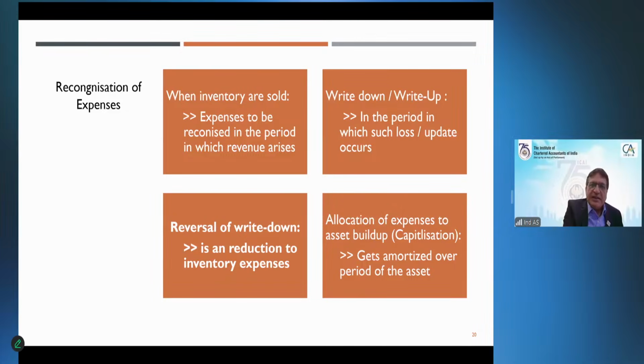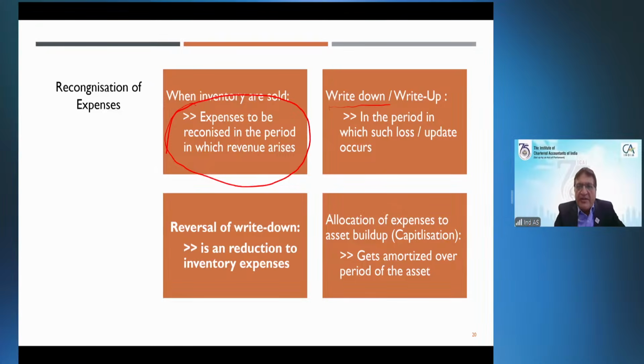The principle is inventory is to be expensed off in the year in which the related revenue is recognized. So the COGS should take only the part of that cost which has actually been sold. In a nutshell, this is what it means.